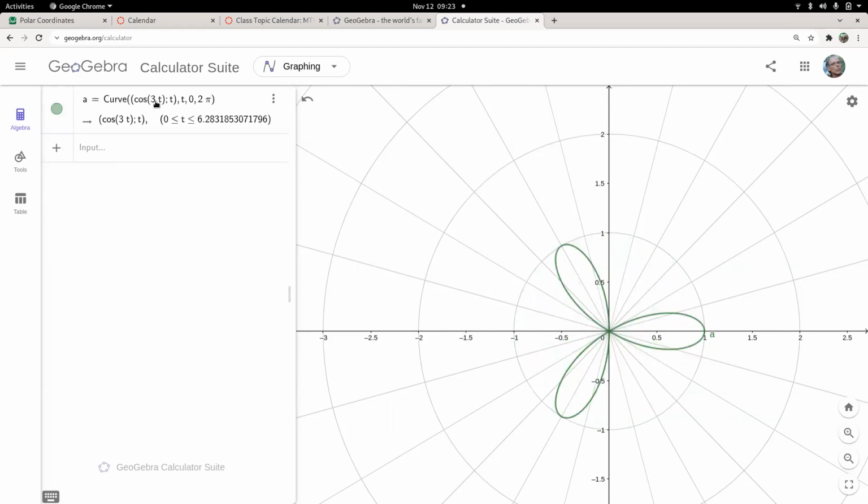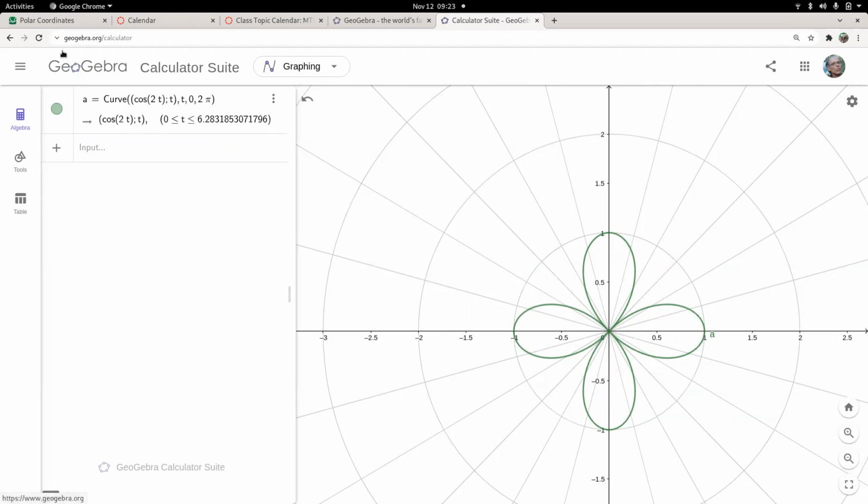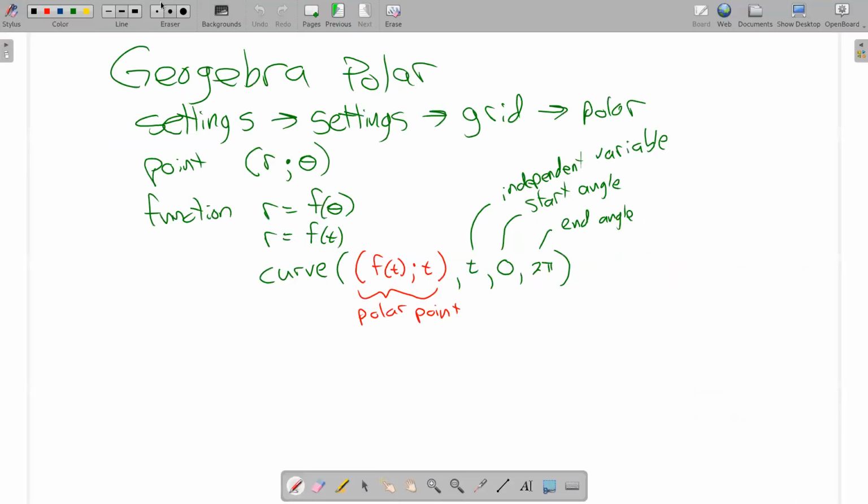So with 3, I get 3 leaves. That's interesting. With 2, I got 4 leaves. Oh, interesting. Let's make a note of this. What's going on here? This is wild.